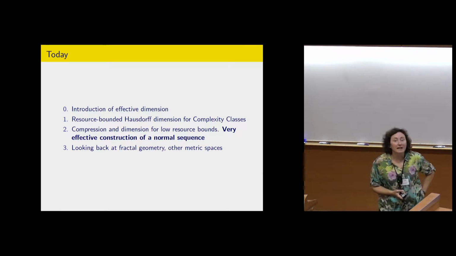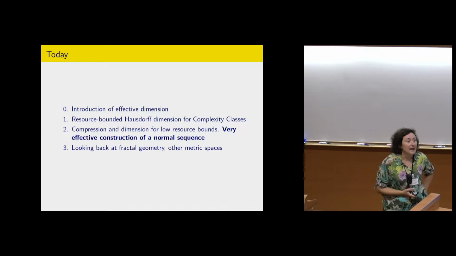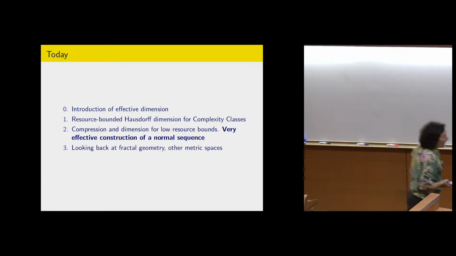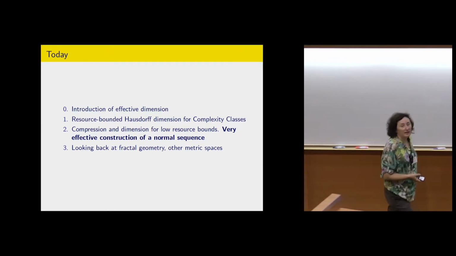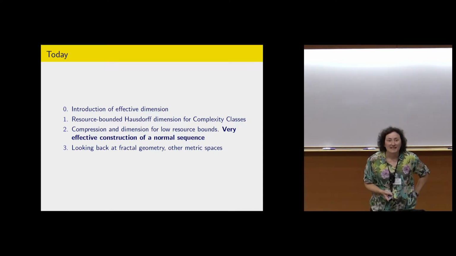So from the beginning, I was presenting effective dimension as an interesting tool. In this particular lecture, I focus on computational complexity problems. But actually, what happens, I think, when a topic gets really mature is that you kind of export it.